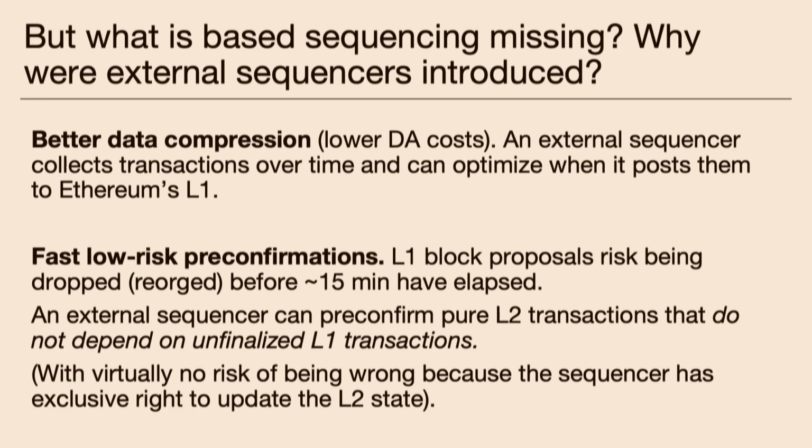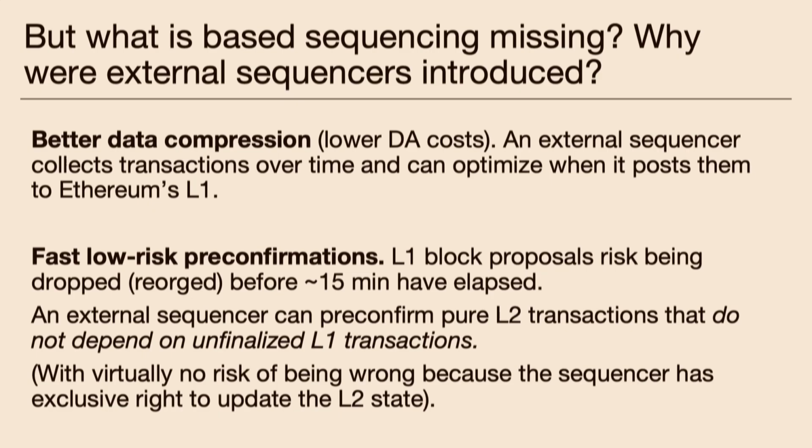What we just talked about before with L1 proposers giving promises over what might happen, there's always the risk that even if they do nothing wrong, their promise will be violated, because Ethereum could experience a reorg, and transactions that they included could be dropped before 15 minutes have elapsed. Ultimately, higher risk means that if they're going to give insurance to users, it's going to be higher cost.